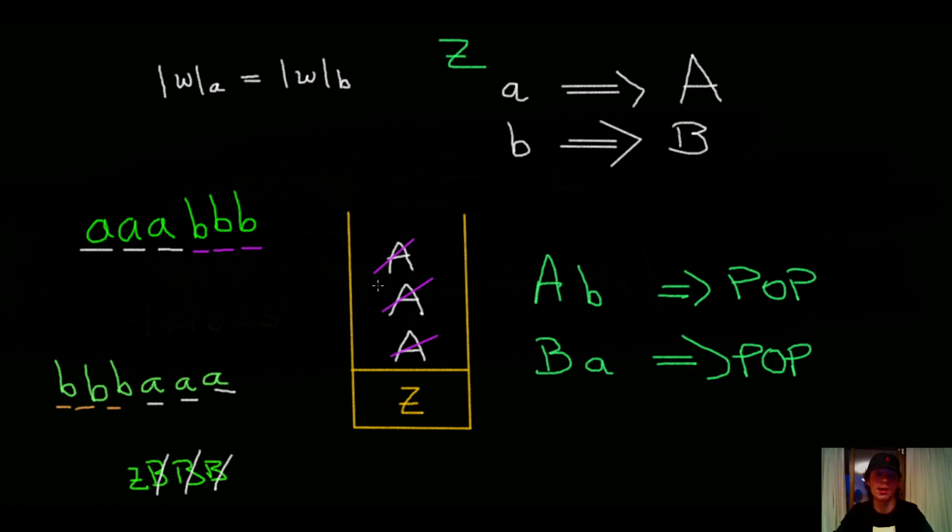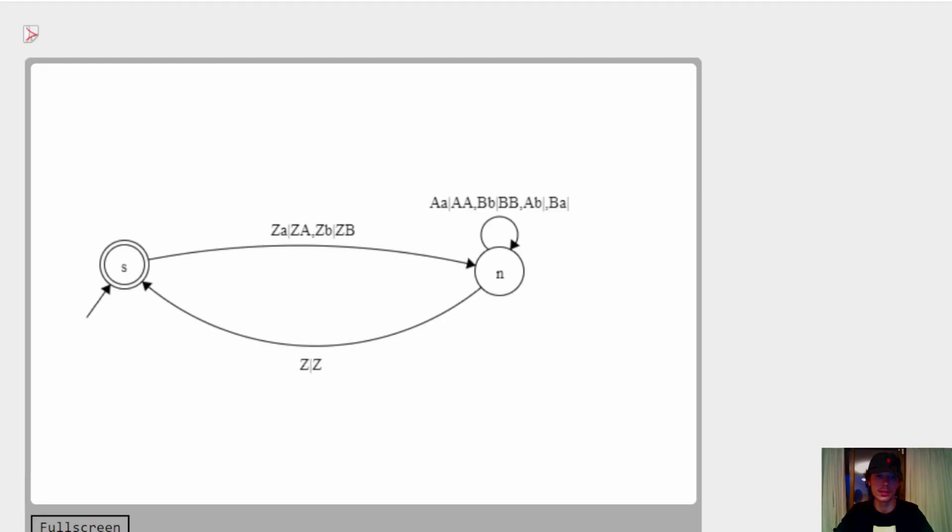So let's verify that we end up in the ending state. Initially, we start from the state S. We read the first A, so we push 1A. We read 2A's, we push 2A's more, so we have 3A's in the stack. Then we read 3B's, having the A as the top of the stack. So we pop 3A's.